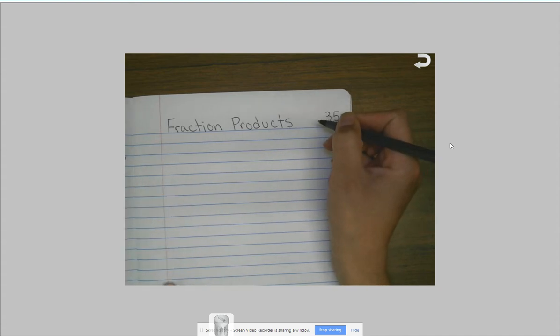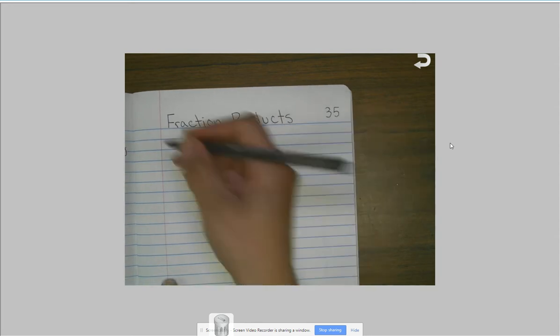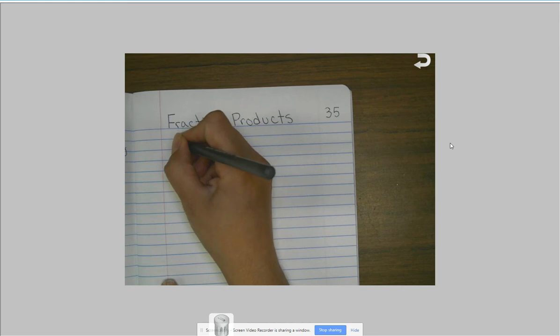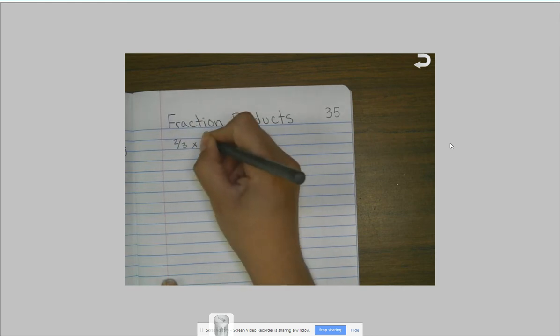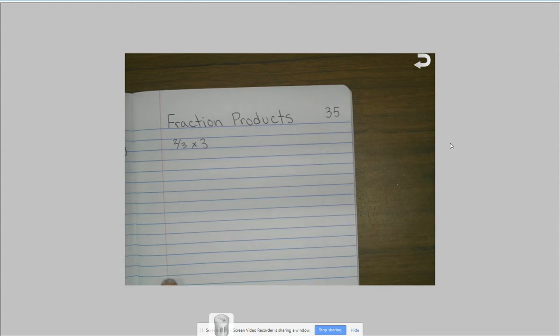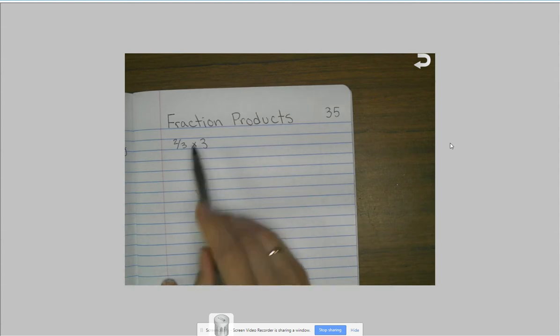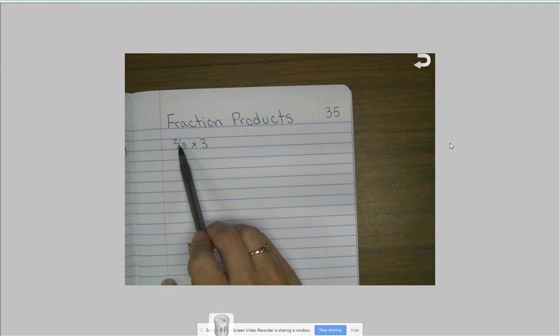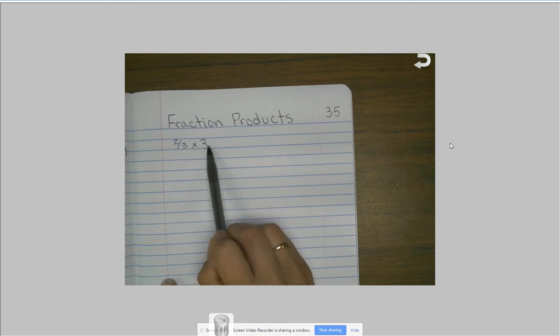Okay, we're going to be drawing some pictures to represent a couple of these so you can actually see what we are doing. So when I have a problem like 2/3 times 3, that means I have 3 groups of 2/3.